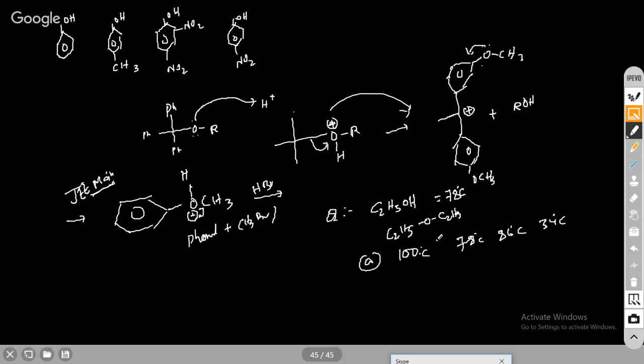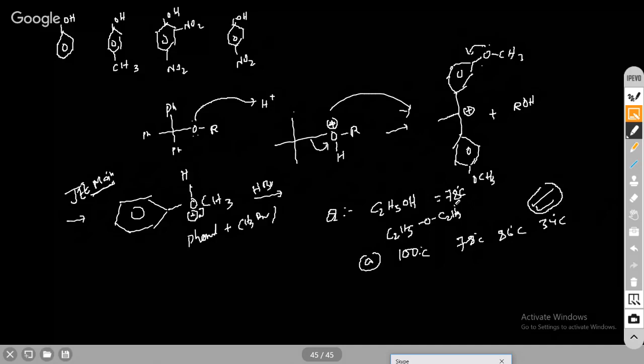Due to intermolecular hydrogen bonding, ethyl alcohol has a higher boiling point. Correct? The boiling point of ethyl alcohol will be more than diethyl ether. So obviously the boiling point of diethyl ether should be less than this. So the answer will be 34. See, all these things you can assume, but obviously you see one thing. You cannot memorize.